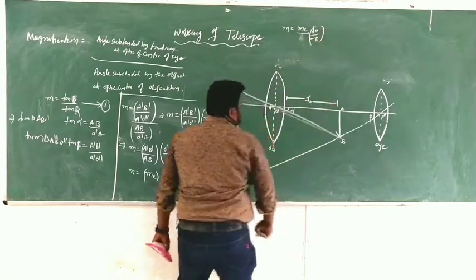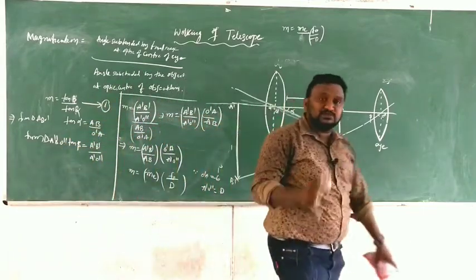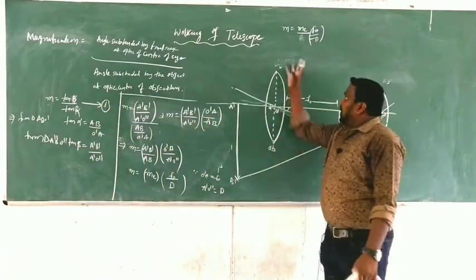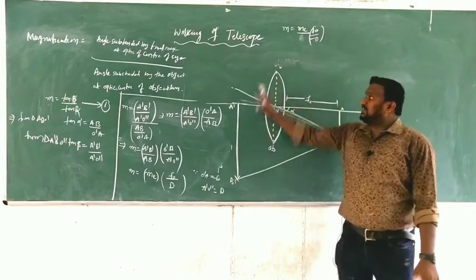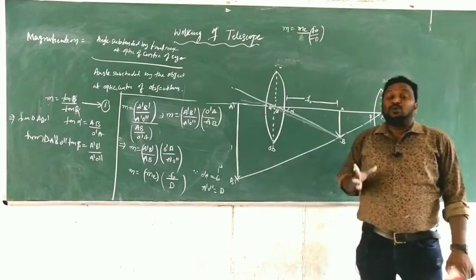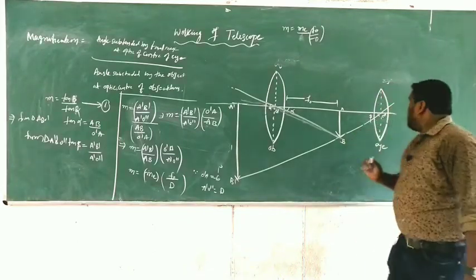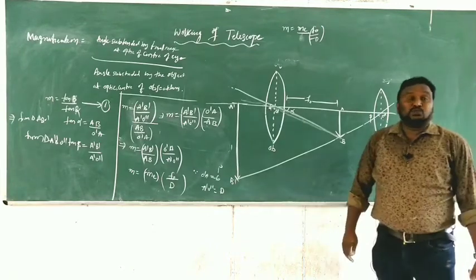according to sign convention. So here in this case, if you can observe, in the absence of the object lens, the eye lens can act as a simple microscope.